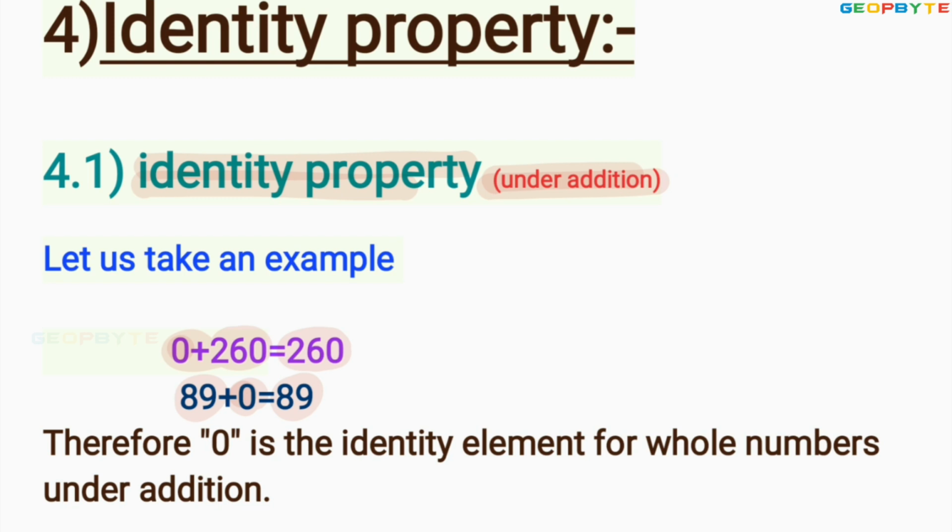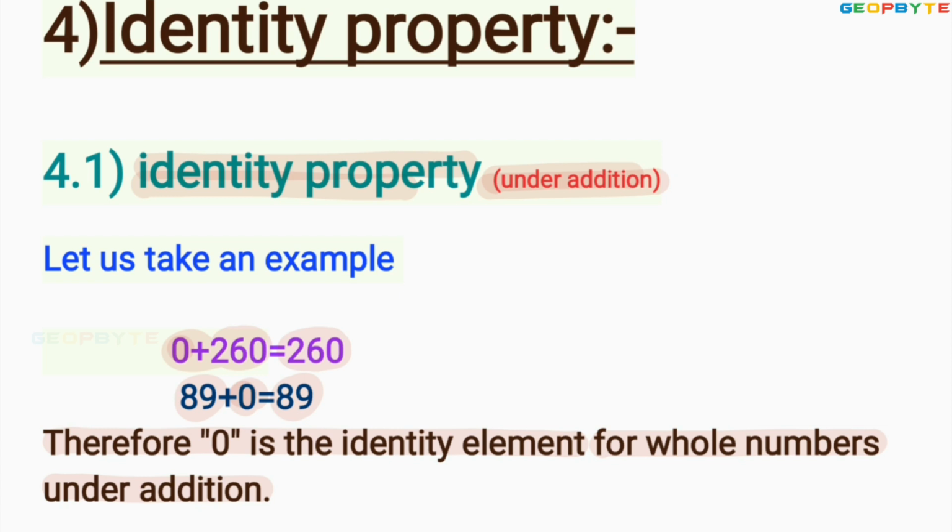That means even if you add 0 to any number, the result is that number only. Therefore, 0 is the identity element for the whole numbers under addition. That means no matter what number you add to 0, the answer is that number only.